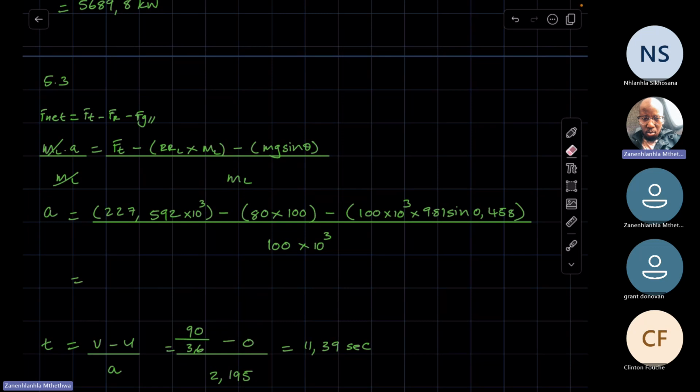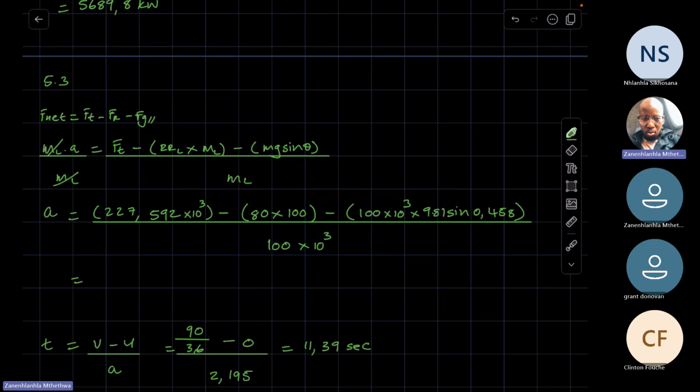Can you calculate as well on your side to make sure we get the same thing? 227,592 times 10 to the 3, minus 80 times 100, minus 100 times 10 to the 3 times 9.81 sine 0.458, divided by the mass, 100,000.